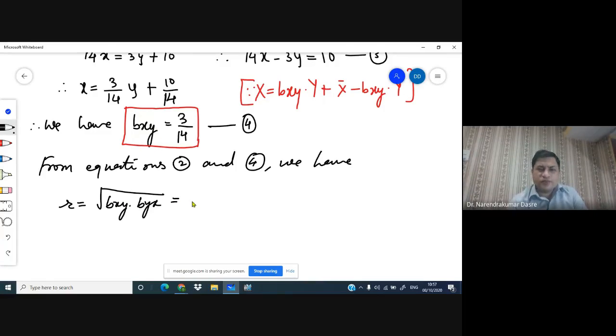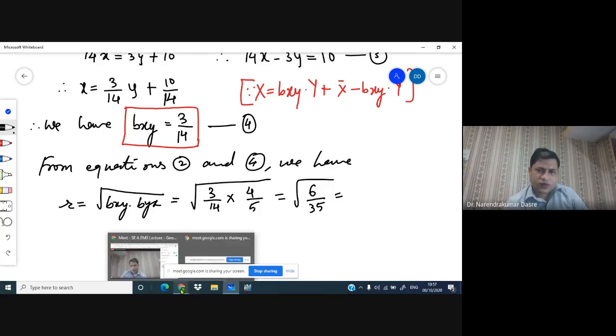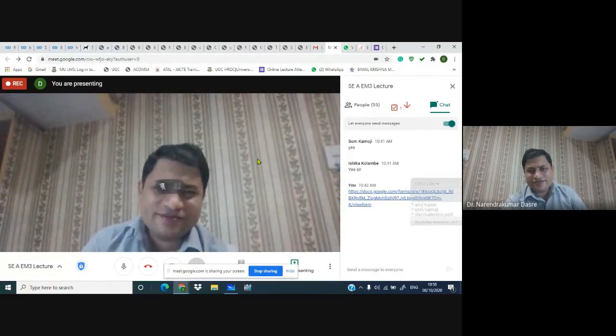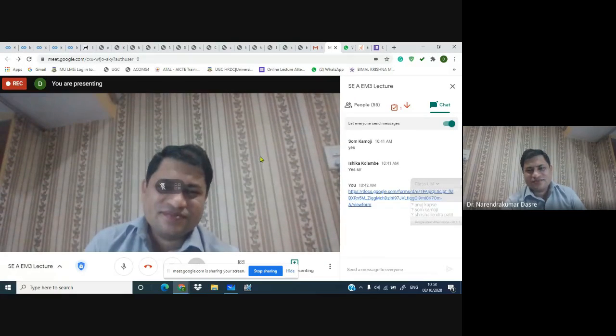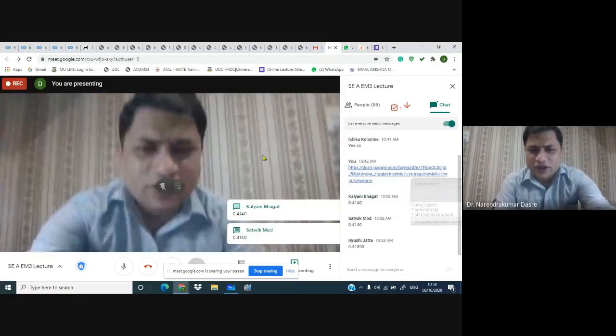So what we got here is the square root of 3 by 14 into 4 by 5, and hence 6 by 35. Give me this value correct up to 4 digits. What is the value you got? 0.4140.